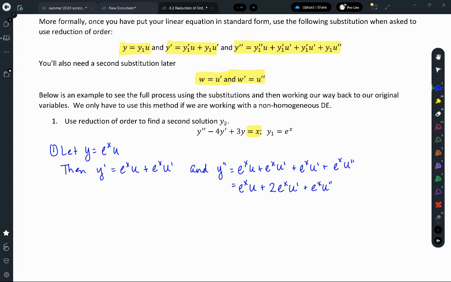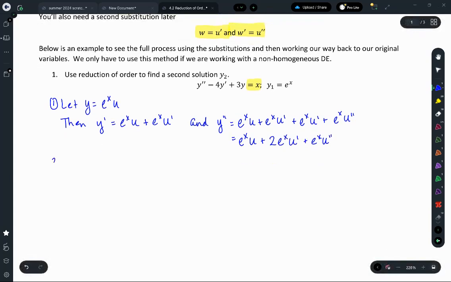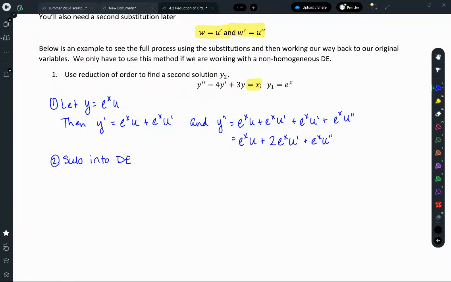Okay, next thing we're going to do is substitute these into the differential equation. So y double prime minus 4y prime plus 3y is equal to e to the x u plus 2e to the x u prime plus e to the x u double prime.